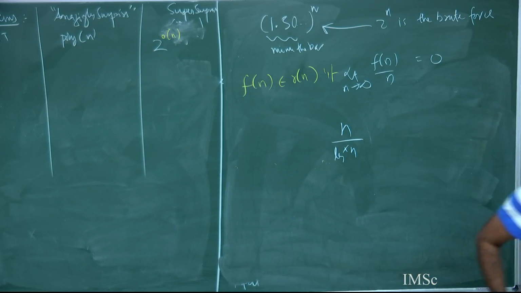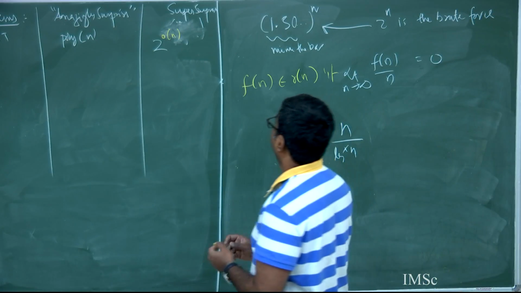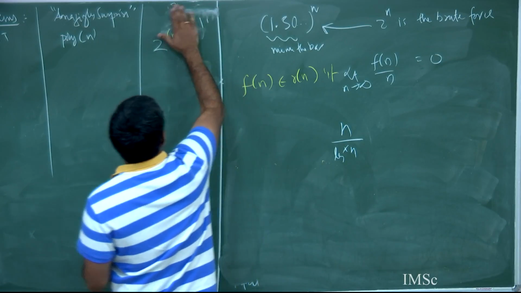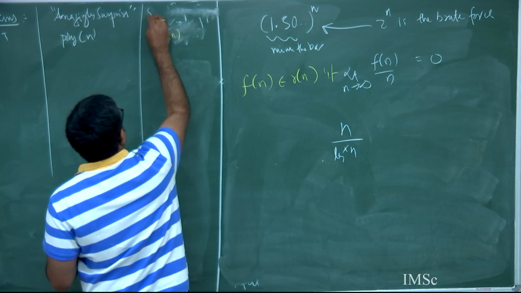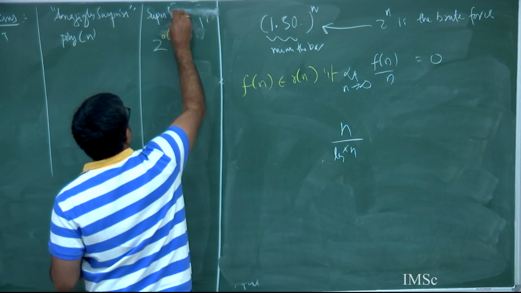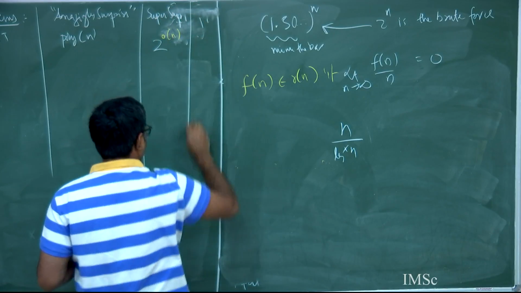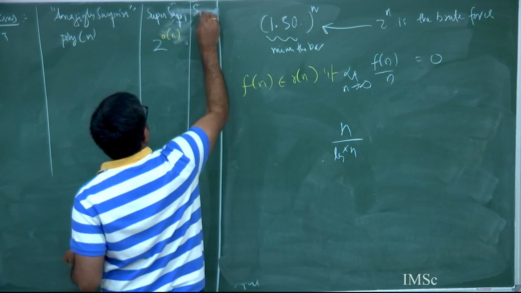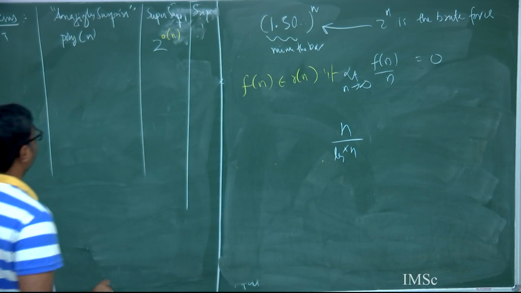Now I can have more such problems. So let's add more columns here: super surprising, amazing surprising, super surprising, and surprising. Now let's go to SAT.